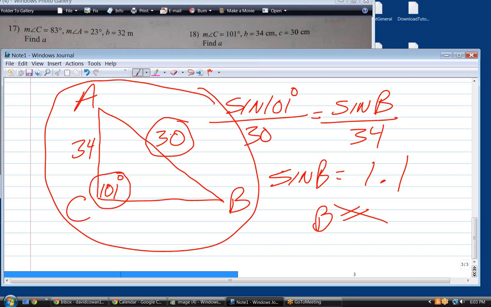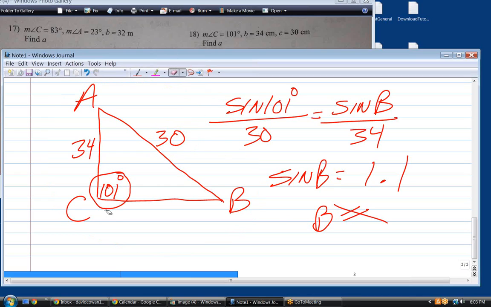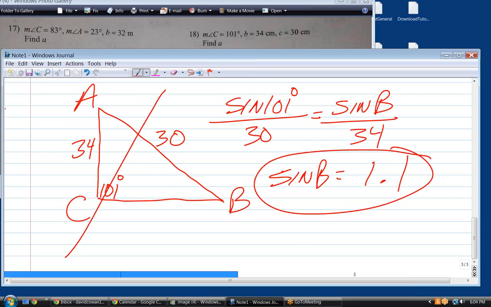There's no way this can be 30 and this can be 34. And if you don't spot that when you're solving these, you get it pointed out very adamantly to you by the law of sines, which then tells you that the sine of that angle is a number greater than 1 or less than negative 1. So the moment you see this, you know impossible triangle.